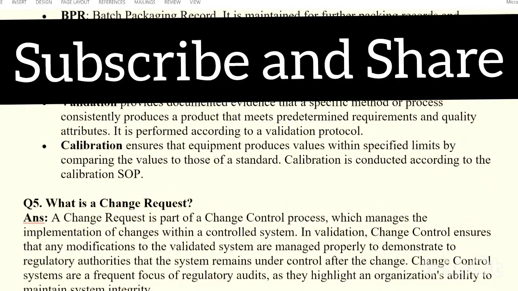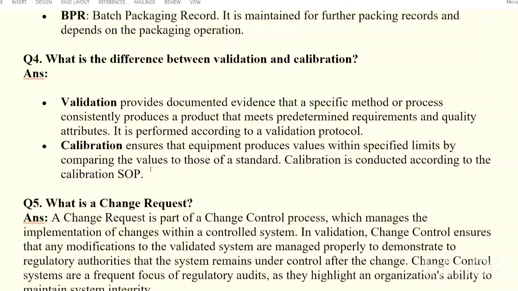What is the difference between validation and calibration? My dear friends, there is a big difference between validation and calibration. If you don't know, by now you can know. Validation means we are providing documented evidence that the method or process you follow produces a product which meets the predetermined requirements and quality attributes.